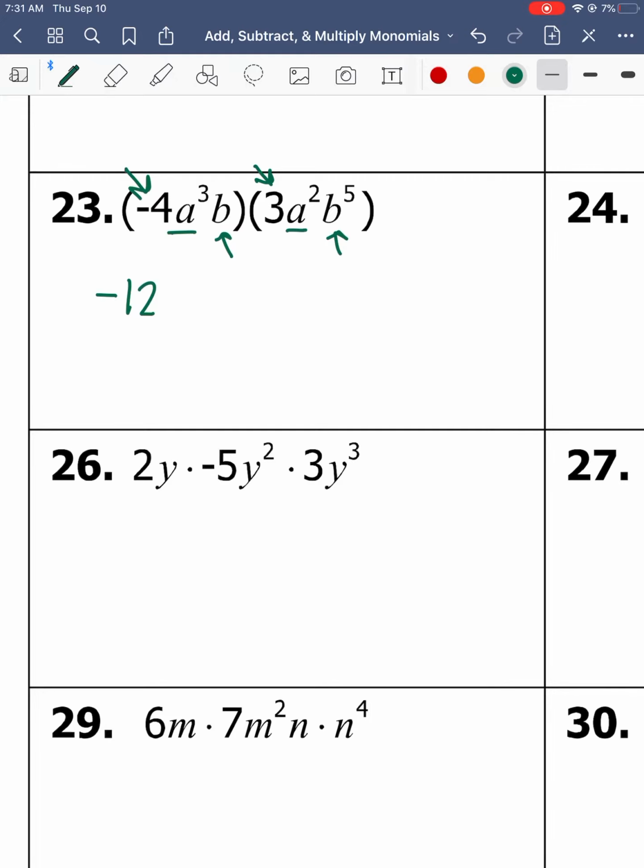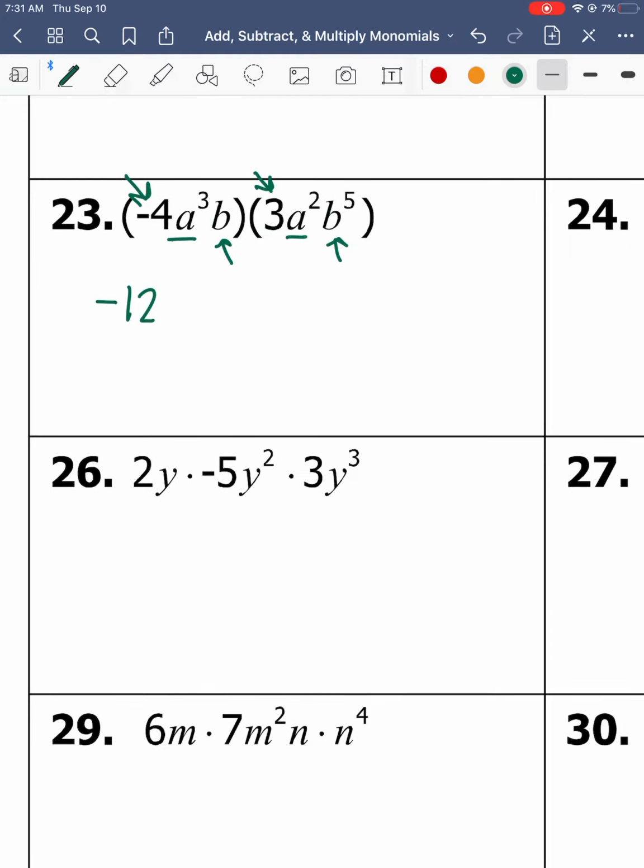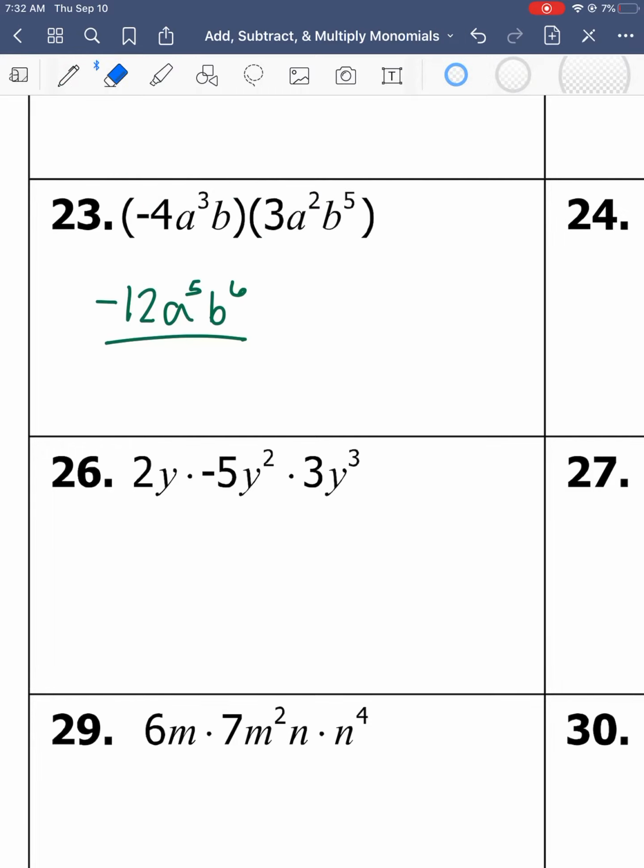So a cubed times a squared, our base is still going to be a, and then we add the exponents, so 3 plus 2 is equal to 5, and then we take a look at b to the first and b to the fifth. Add them together, b to the sixth, okay? So you just take the variables one by one there. It's kind of a lot going on with these arrows.